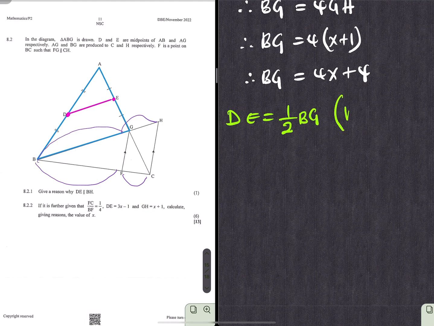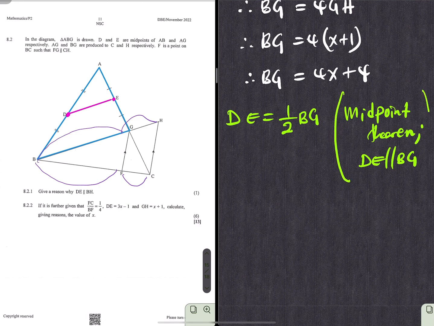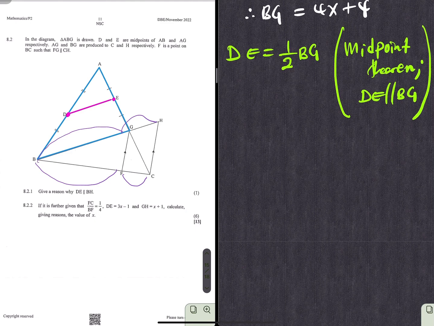You give a reason: that is the midpoint theorem, and you must write why it's the midpoint theorem. That is DE is parallel to BG. We have proven that the lines are parallel. So what is DE? They gave you DE as 3x minus 1.